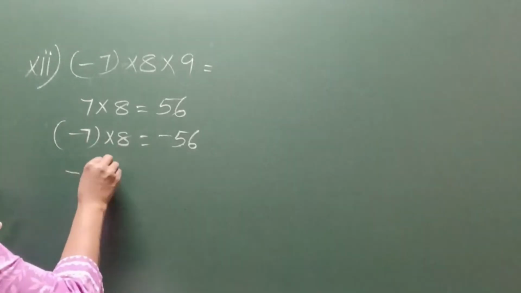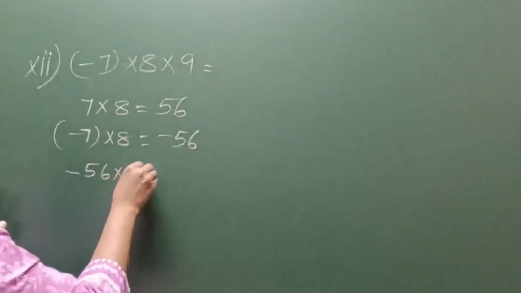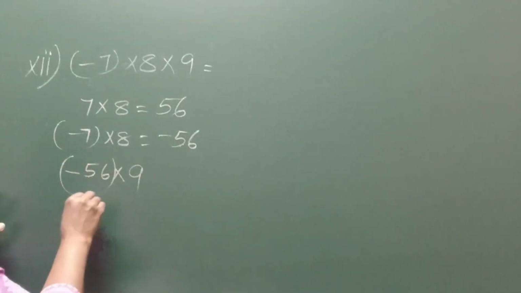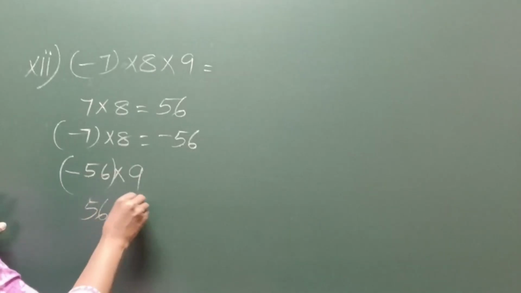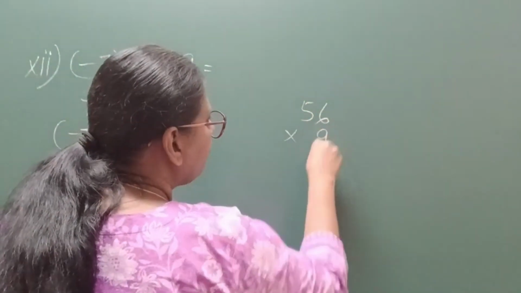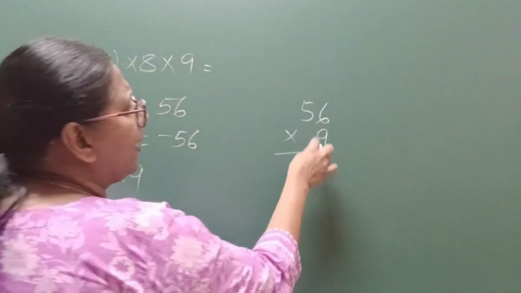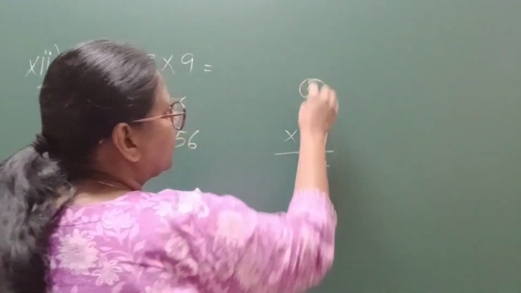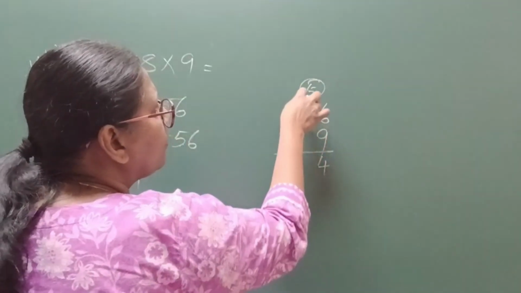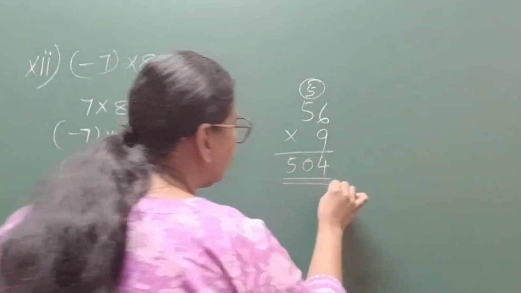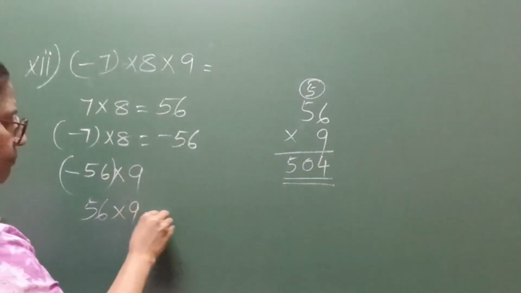Now minus 56 into 9. Here again we have to find the absolute value. So the absolute value is 56 into 9. 9 6s are 54, 5 balance. 9 5s are 45 plus 5, 50. So we got the product 504.